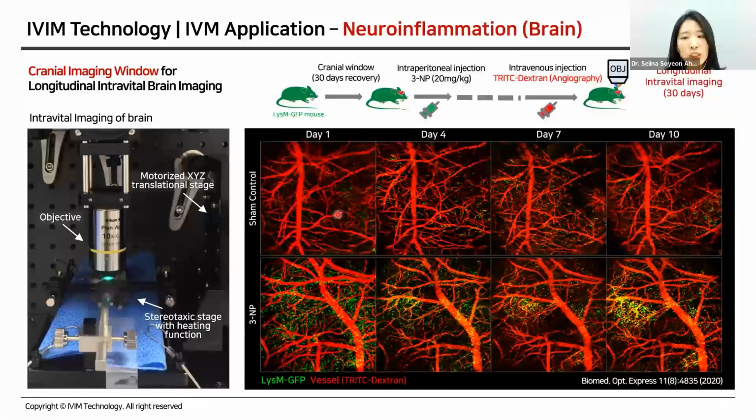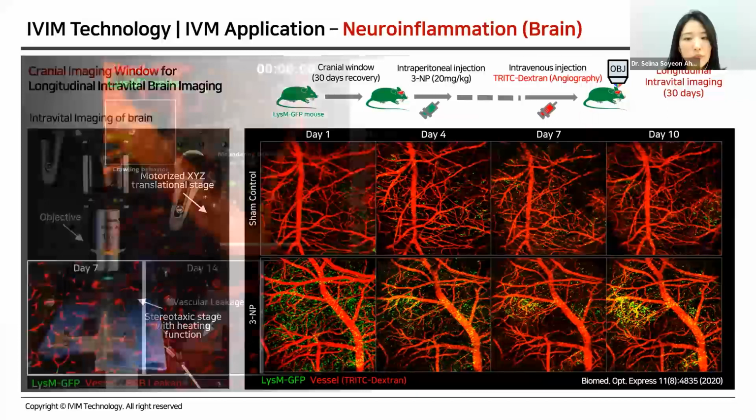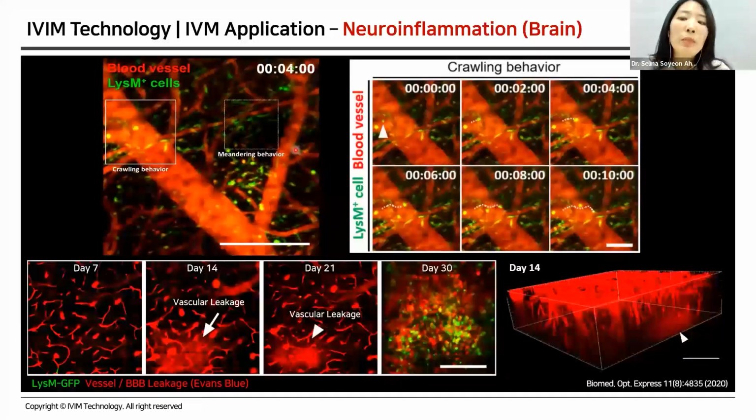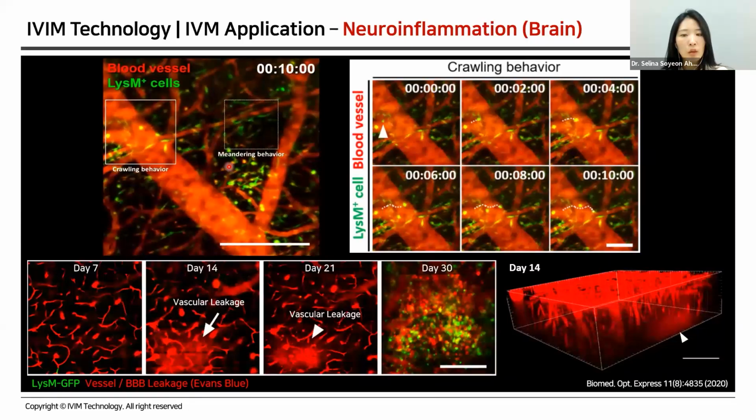And this is a research example monitoring the brain neuroinflammatory responses, which were induced by 3MP chemical injection. After induction, Lysin positive leukocytes became densely located at specific sites of the cerebral cortex within 10 days after inflammatory induction. And also from the time-lapse imaging, we could visualize and analyze the meandering and crawling behavior of the neutrophil inside the brain of the neuroinflammation mouse model.